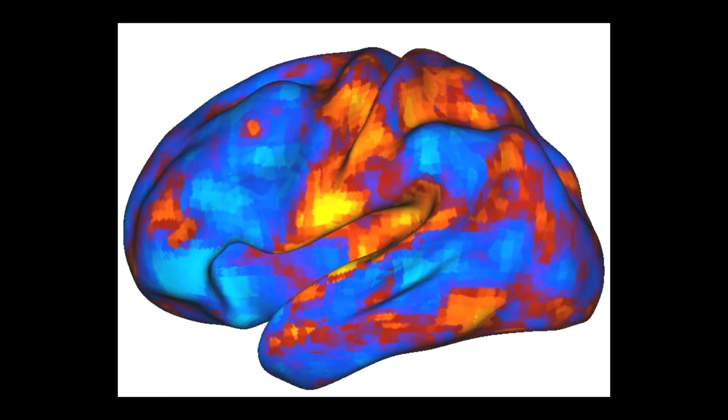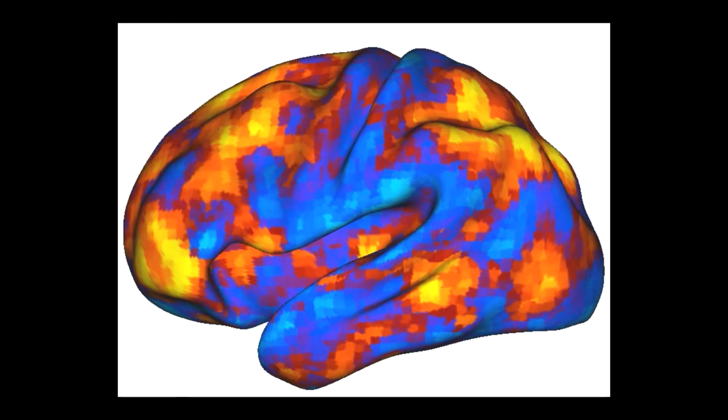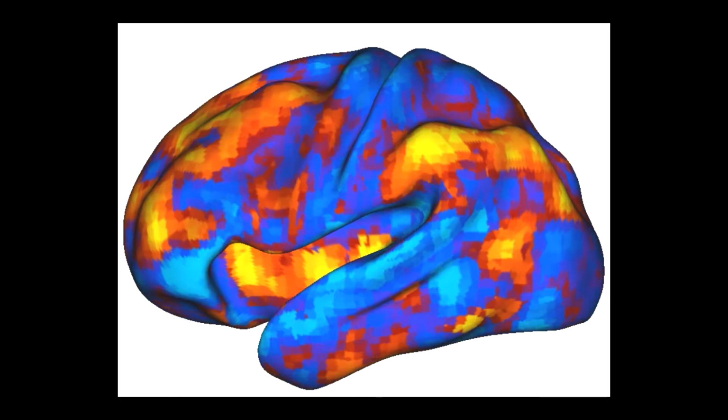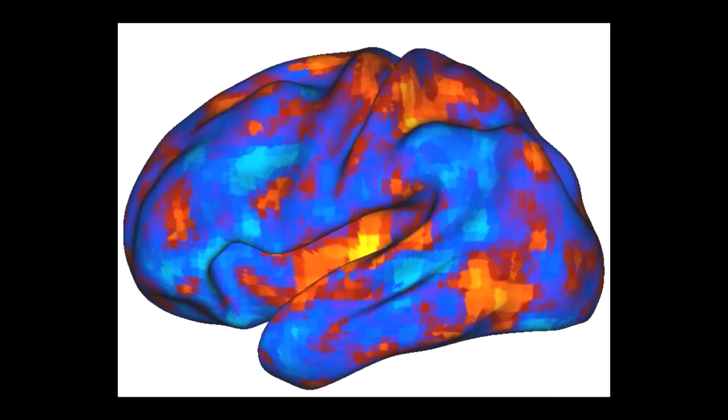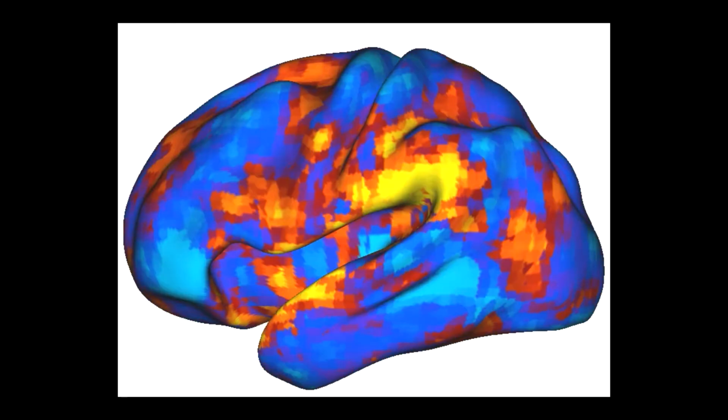When neurons are firing quite a bit, they need to be replenished with blood and nutrients and oxygen. And so over time, we can track the flow of blood through cortex, and this gives us an indirect measure of what parts of the brain are active.